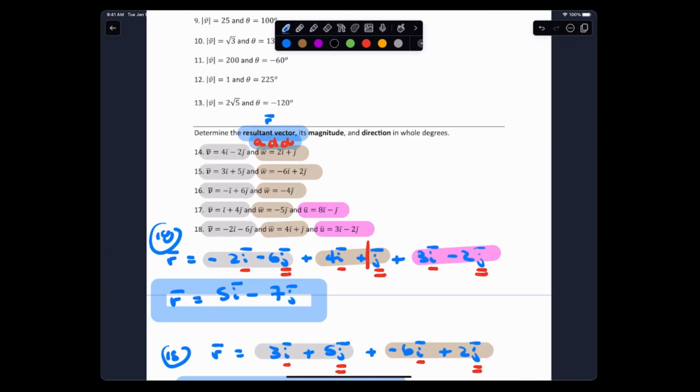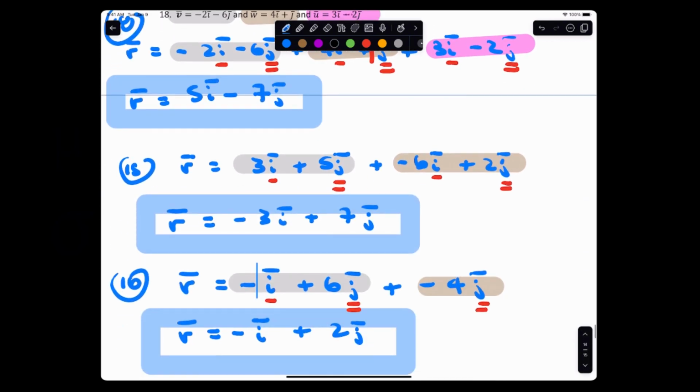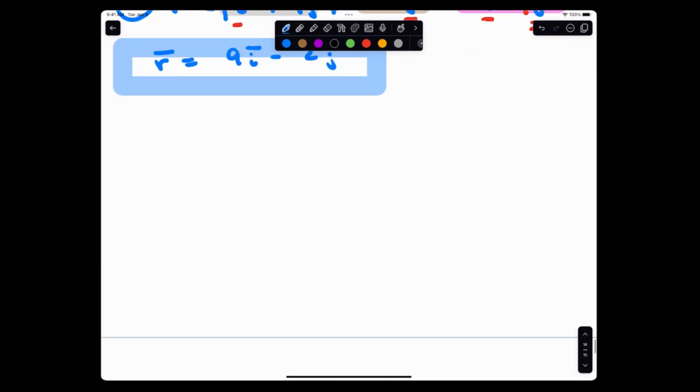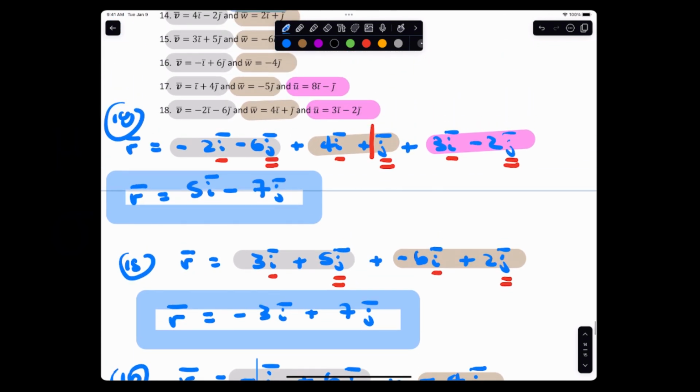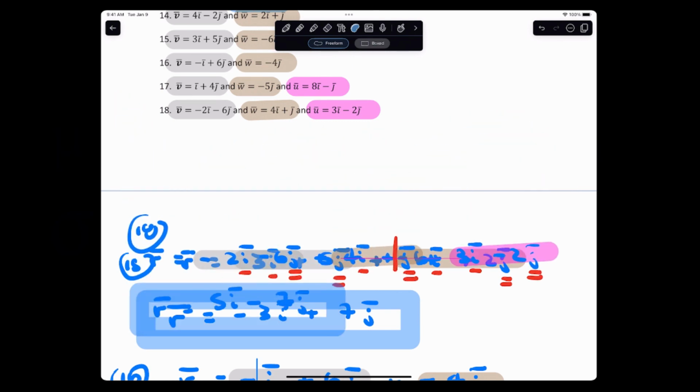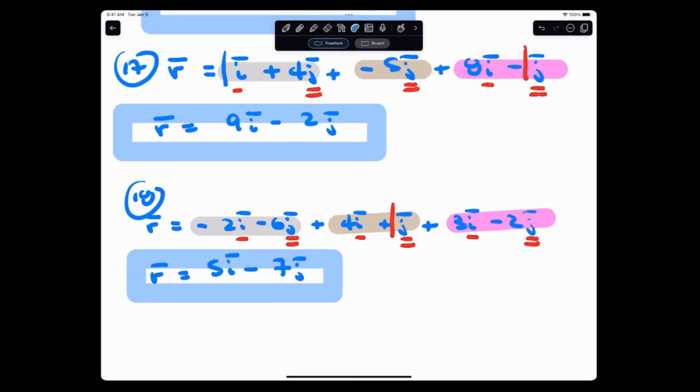It's very useful. There it is. Easy peasy, lemon squeezy. This is why you care about the ij form. What do you guys think?